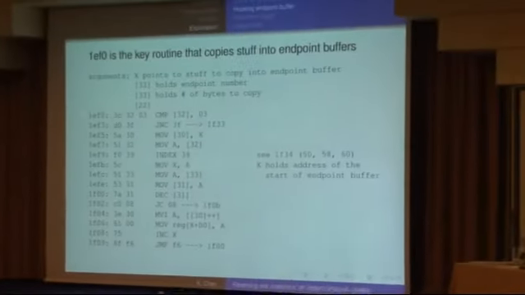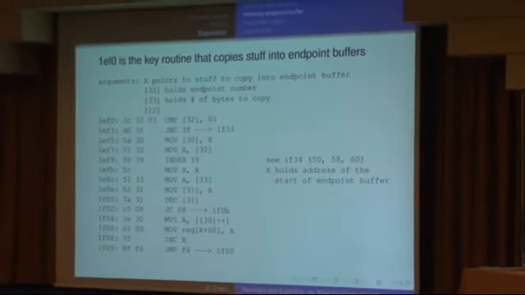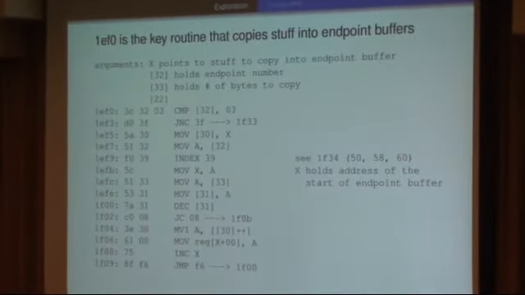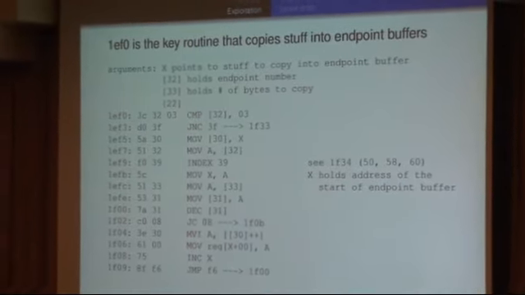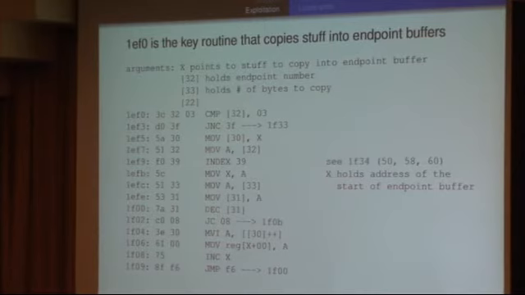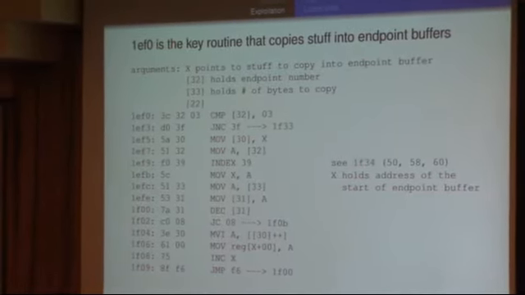There's a routine in the firmware that copies data into the endpoint buffer. The keyboard firmware has to decode the matrix and figure out what key was pressed, and there's a memory location where that data is stored.